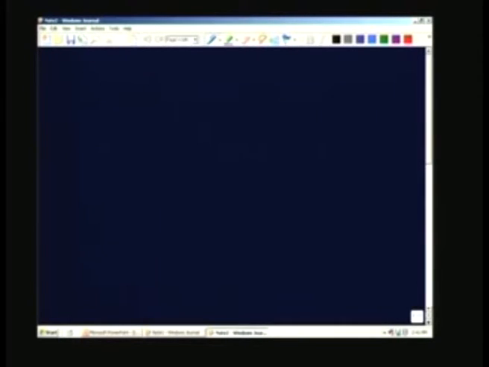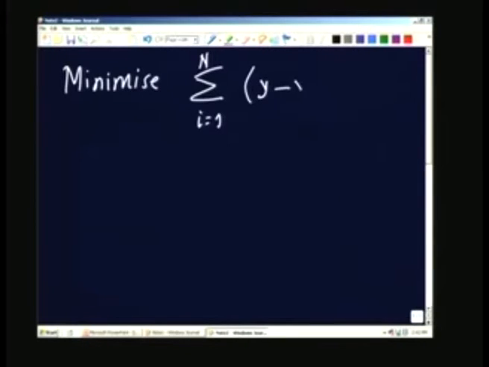What I will do is, I will try to minimize the sum of squares, which is given by sigma i equal to 1 to n, y data comma i minus yi, whole square. This will be data, and this will be yi, which is the fit.